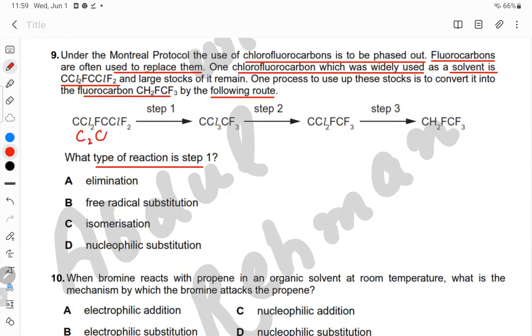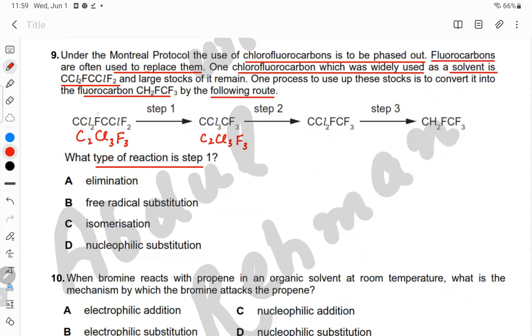How many chlorines are there? 3. And how many fluorines are there? 3, right? And if you look over here, again we have 2 carbons, 3 chlorines, and 3 fluorines. So if you look at the reactant and product of step 1, their molecular formula is the same.